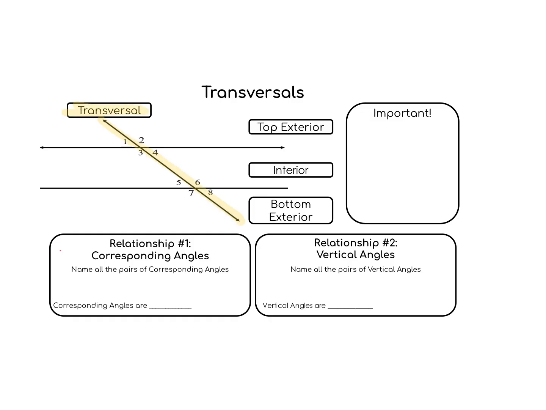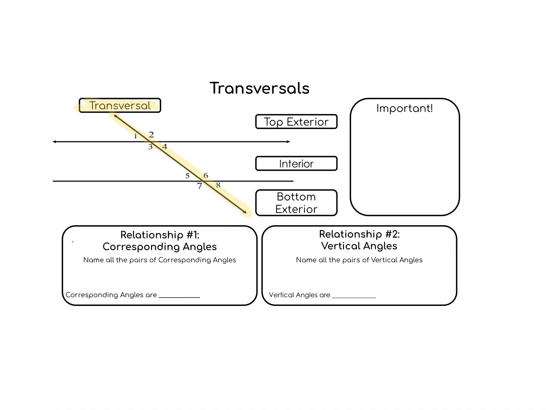Again, we've got two coplanar lines here, and the transversal is cutting through them. Now what happens when that transversal cuts through them is we have exterior, top and bottom, and an interior created. So we have these sections. What we can go ahead and do then is look at the angles that get created from these ones. So the first type of angle relationship that we have is corresponding angles.